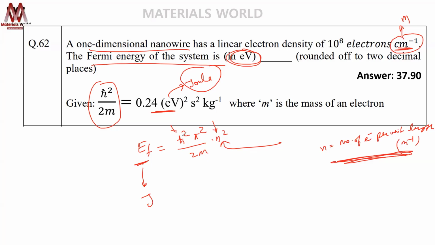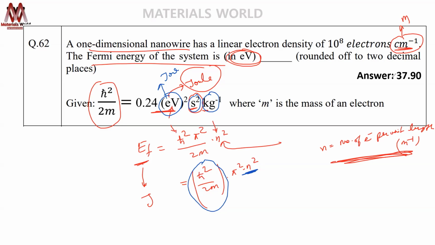Because if you are putting the ħ value, ħ square by 2m into π square n square, like if ħ square by 2m is in electron volt square and the rest, second square kg inverse, is in SI, then this is not SI. So you have to convert into joule. Then only this whole quantity is in SI, the international system. You can convert this n into SI in meter inverse. Then your E_F will come in joule, and later on you can convert into electron volt.